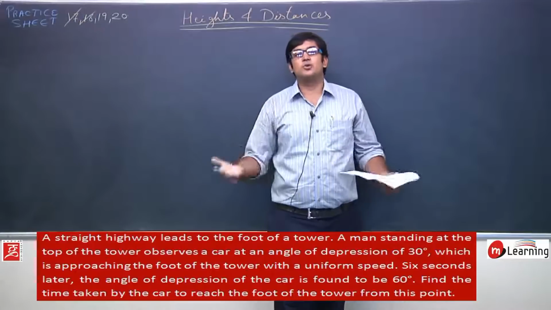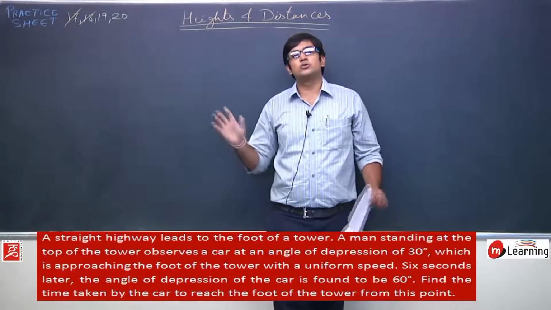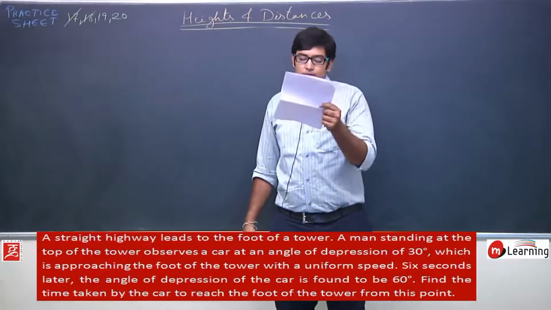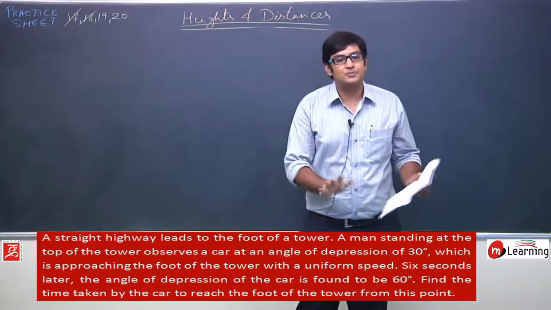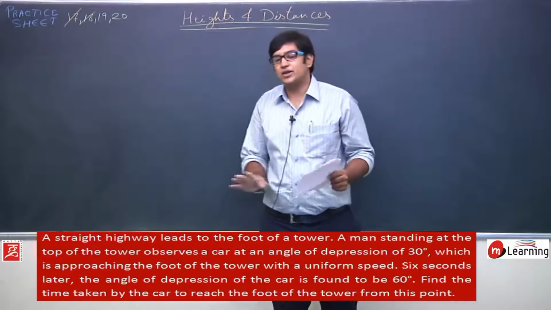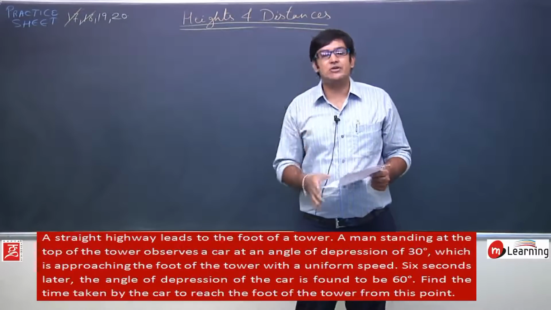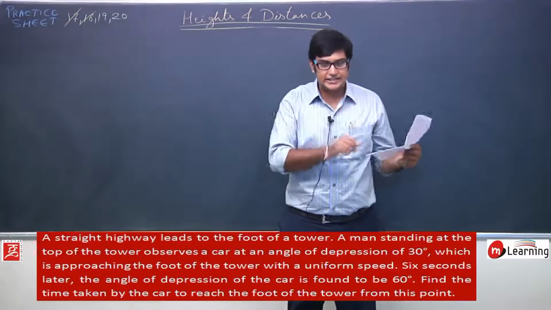Somewhere if traffic is more, we press the brakes, and when there is an open road, we drive very fast. But in this question, the car is moving at a constant speed. Its speed is not changing. For example, it is moving at a speed of 60 km per hour or 70 km per hour. The speed of that car is uniform. It is not getting changed.